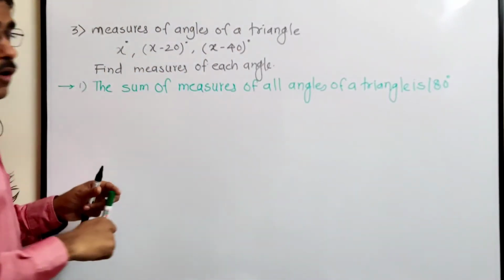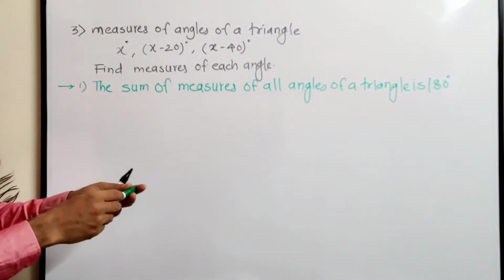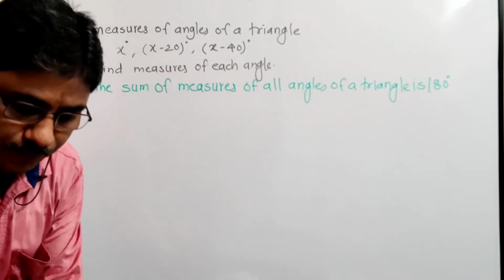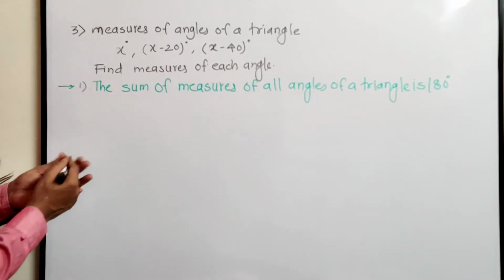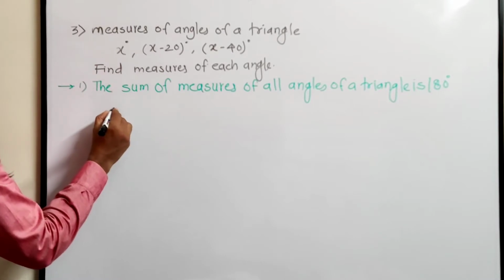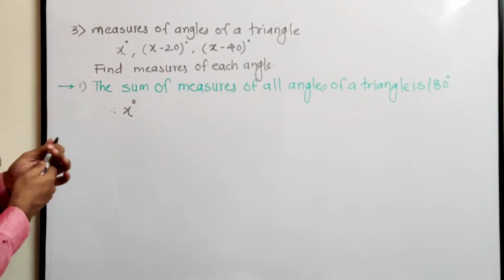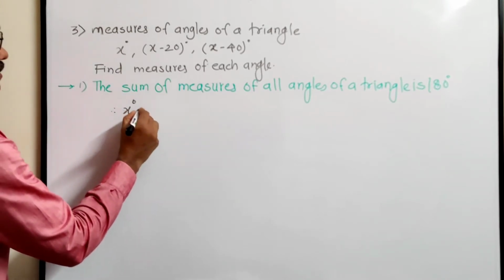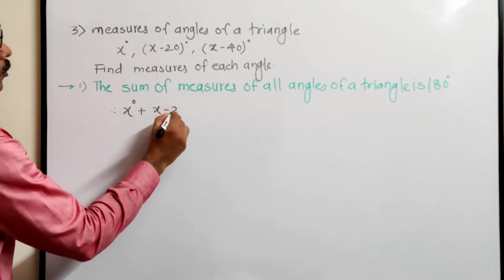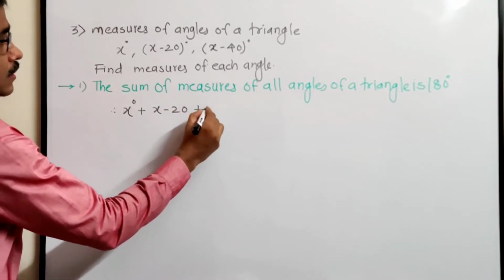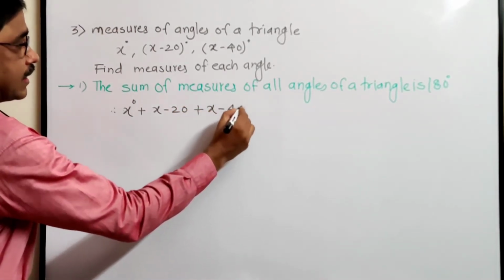The sum of measures of all angles of a triangle is 180 degrees. So using this property, we can write here this x degree. Therefore, what we can write? x degree plus x minus 20 plus x minus 40.